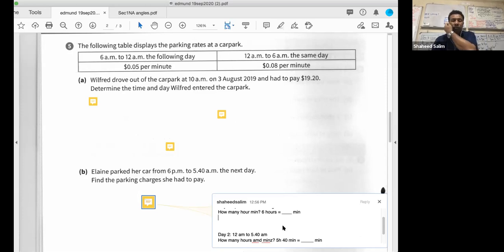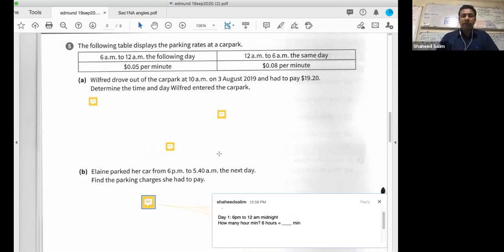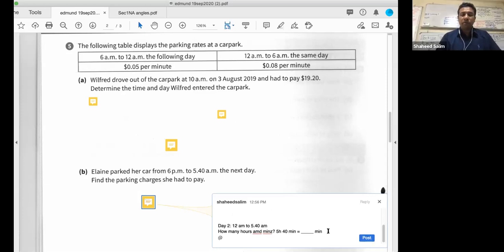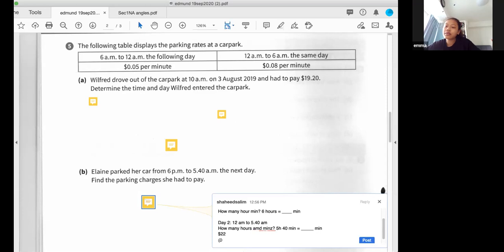Let's say this one now, 6 p.m. to 12 midnight, this is 5 cents per minute. So for day 2, how much is it? $22? Okay. What about day 1? $24.